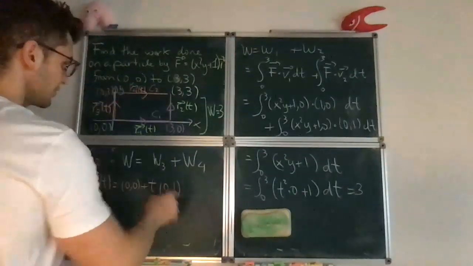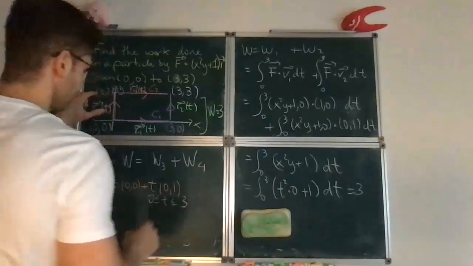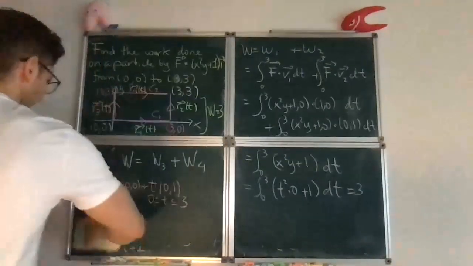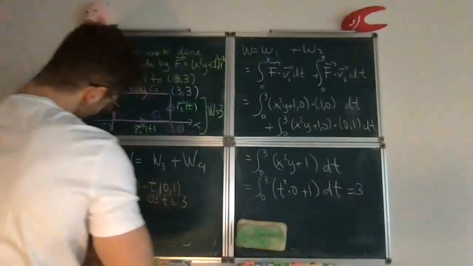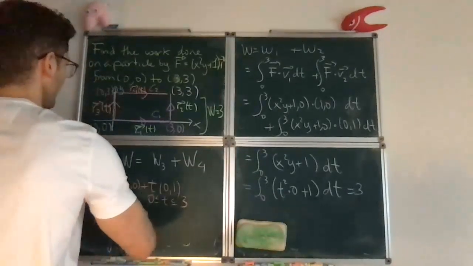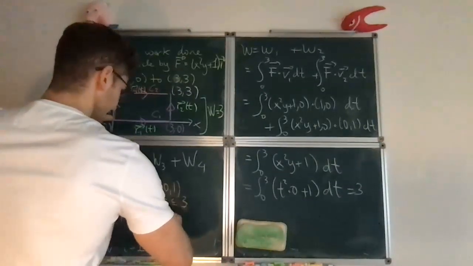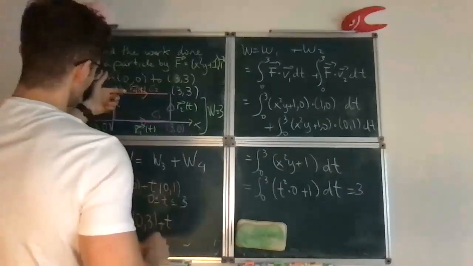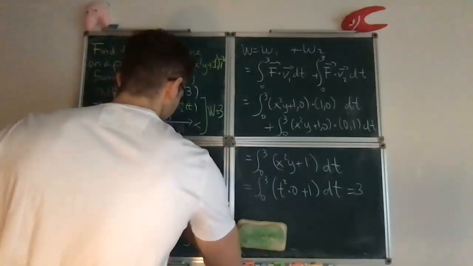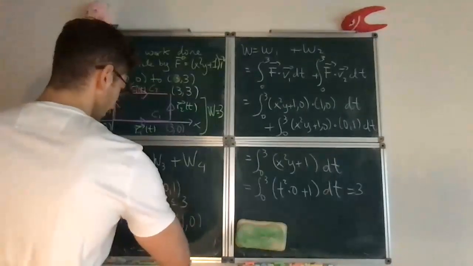And again, you need 3 units of time to get to 0, 3 under this equation. And for the second one, the initial point can be 0, 3 plus t times the direction vector, which is i, so 1, 0. And again, you can take t to go from 0 to 3.